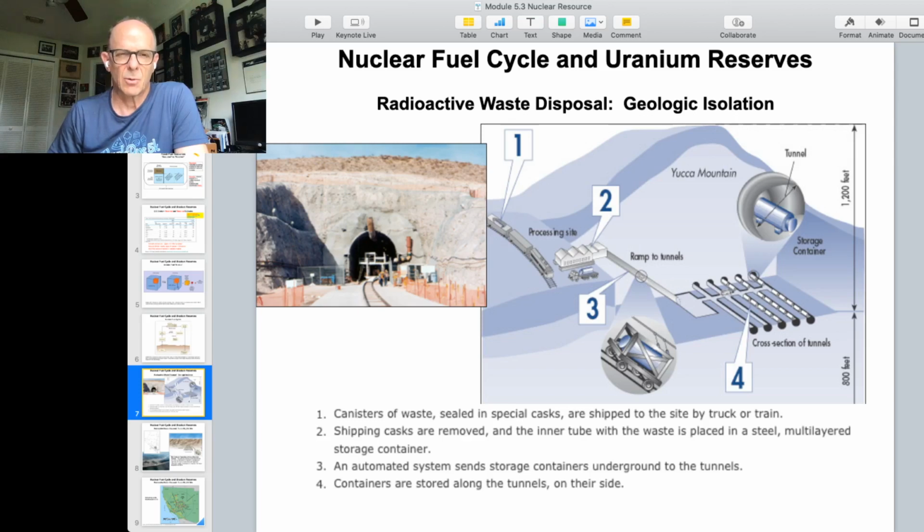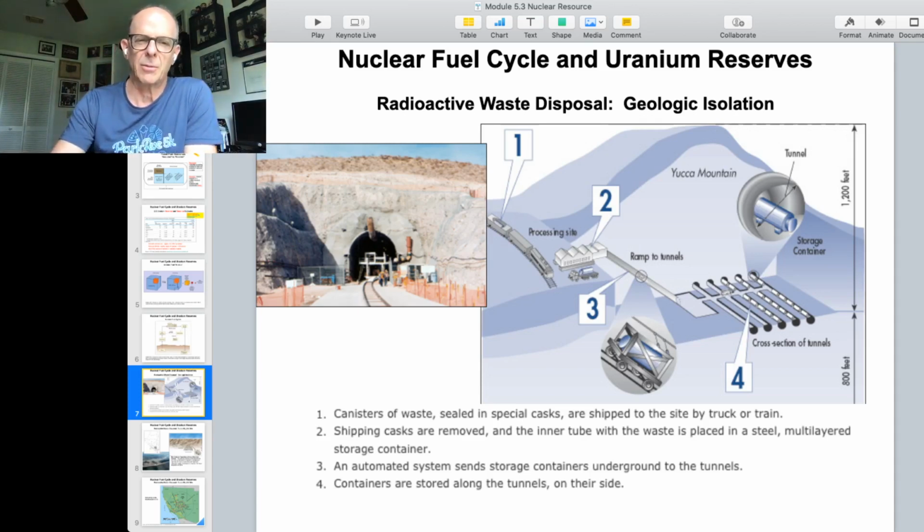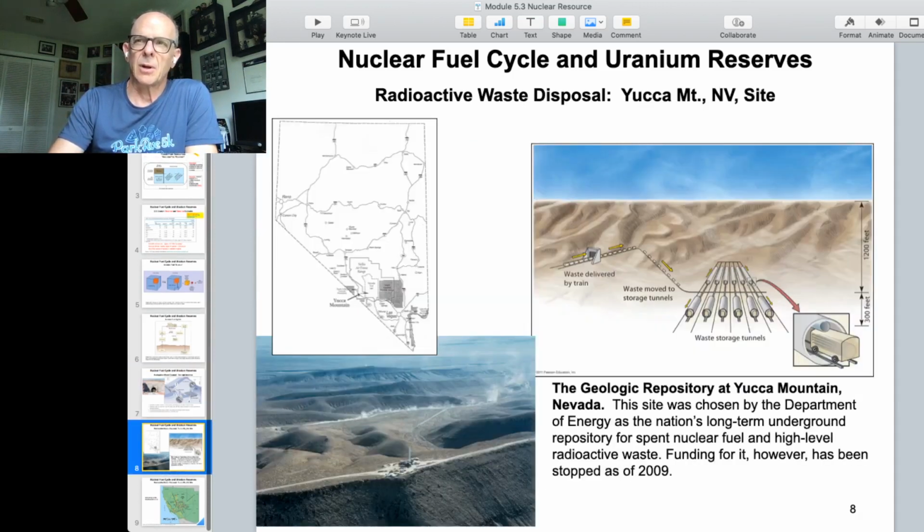So a lot of work has been done to try to identify ways that you could store this stuff safely where it would survive the collapse of our current civilization and not leak into the environment, that it would be marked clearly enough that people thousands of years in the future would recognize it as a hazardous material. And at the moment, there isn't really a definitive solution for long-term storage of radioactive material.